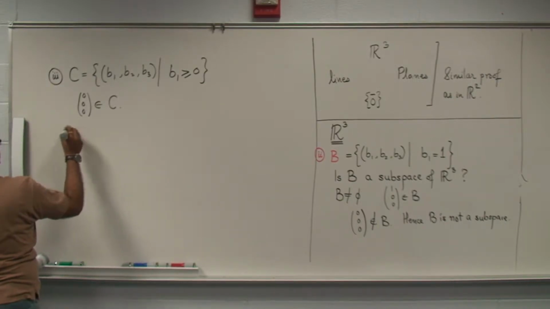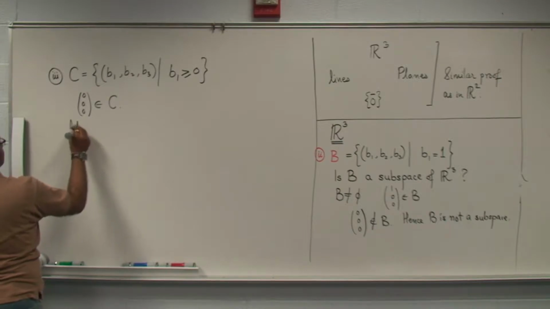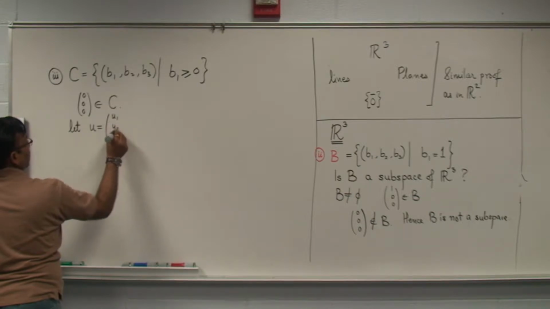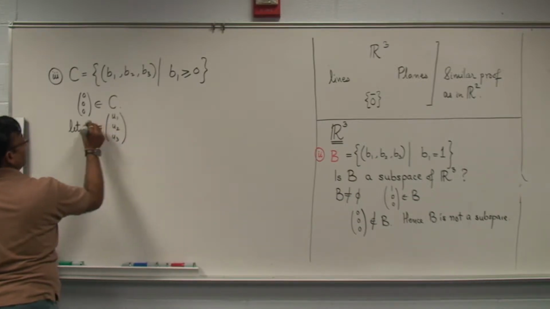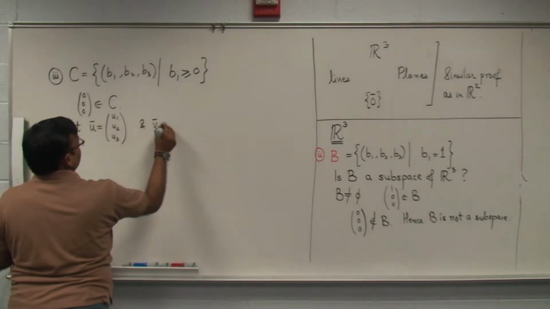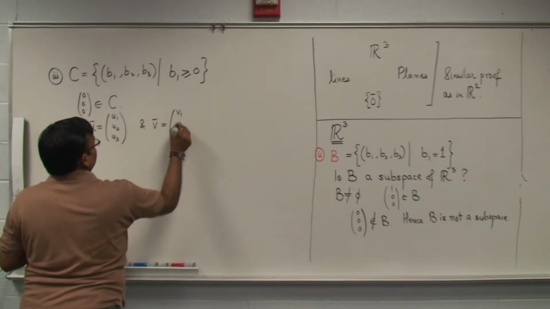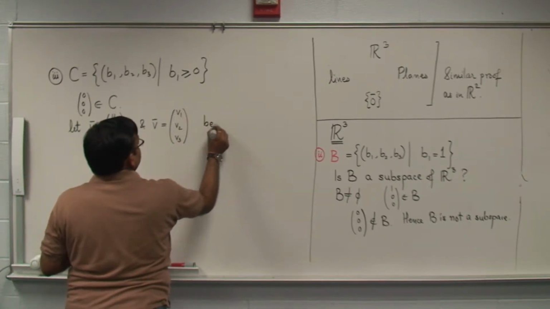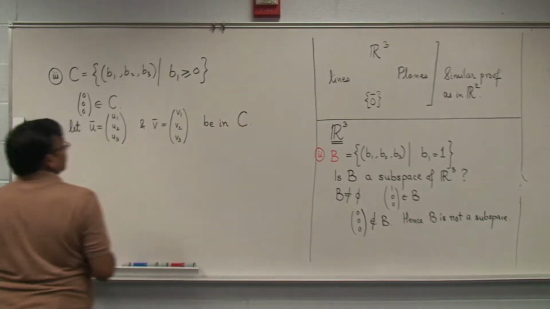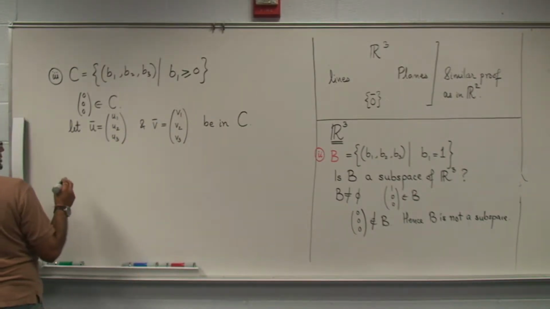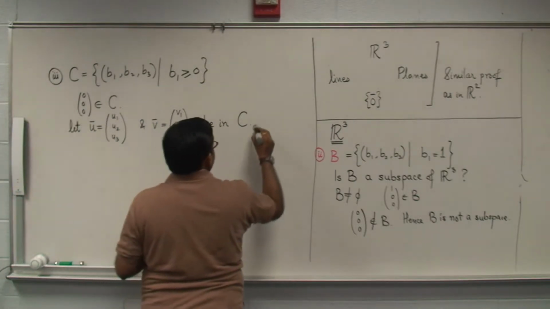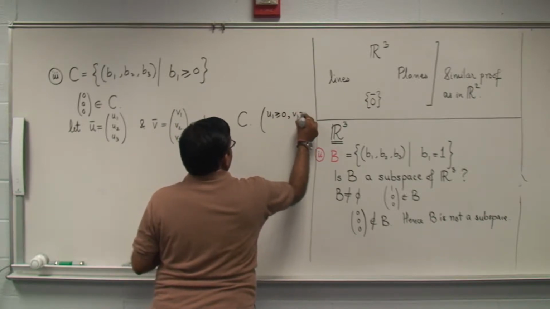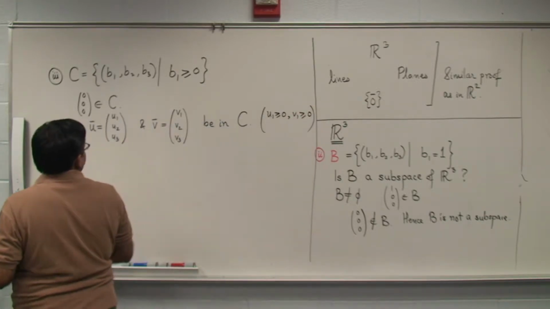How about closure under addition? So let's try that. Suppose I pick two vectors u and v in C. Since these are vectors in C, we know something about them: the first component of both vectors must be greater than or equal to 0.